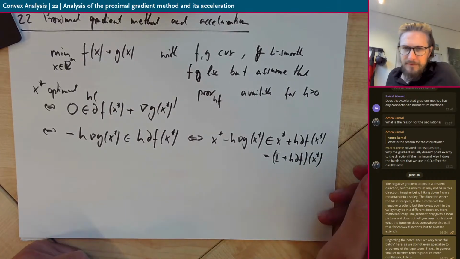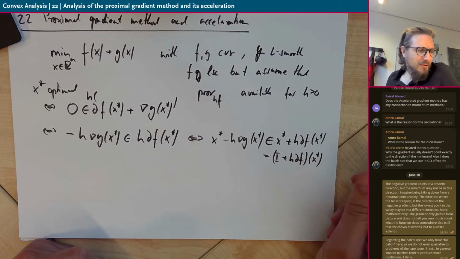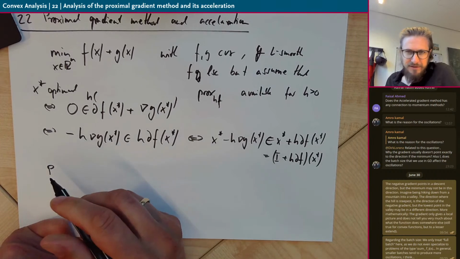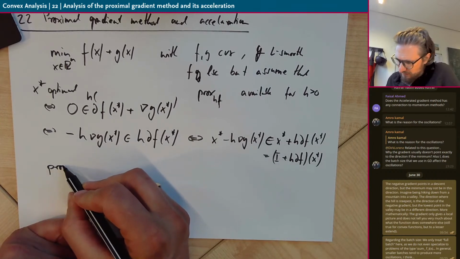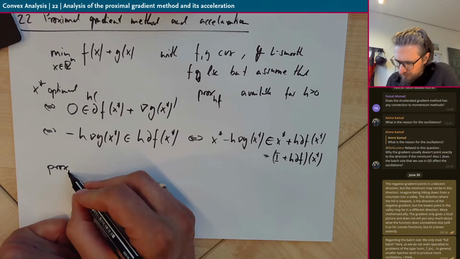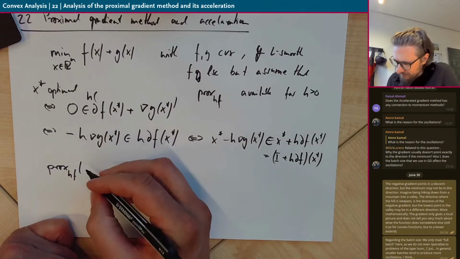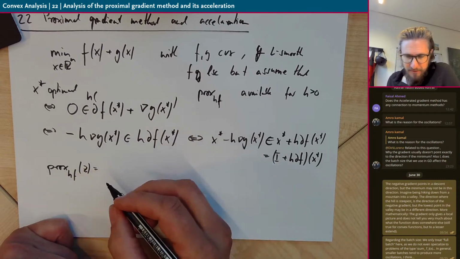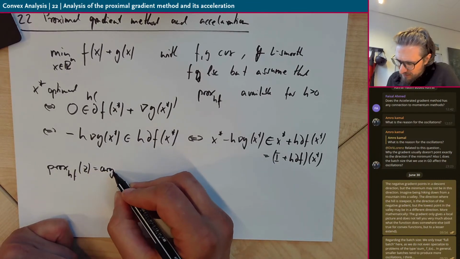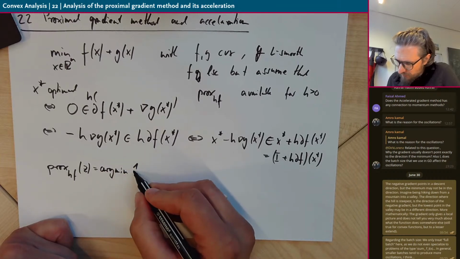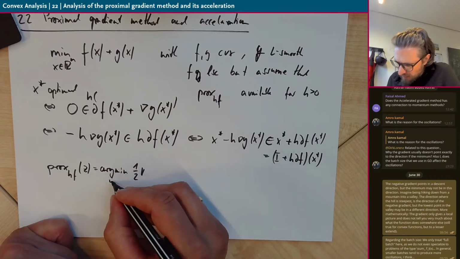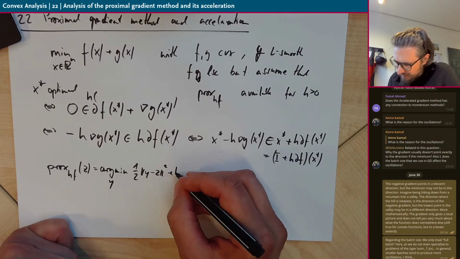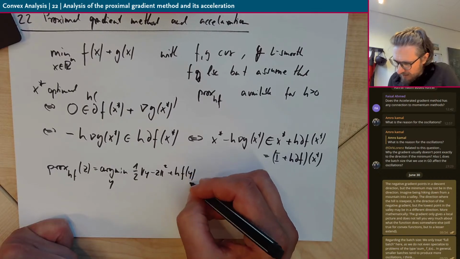Now one thing we probably didn't talk about that explicitly in the past, but it's actually pretty simple, and maybe I just derive it now. The prox operator of h times f at some z, remember that we defined this as the minimizer over y of 1 over 2 times y minus z squared plus h times f of y.